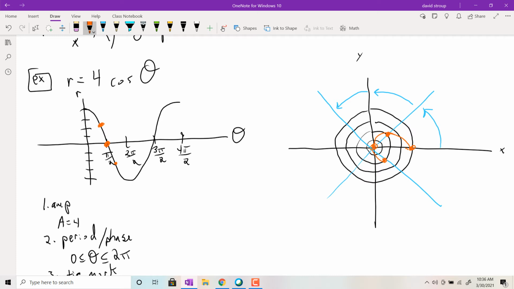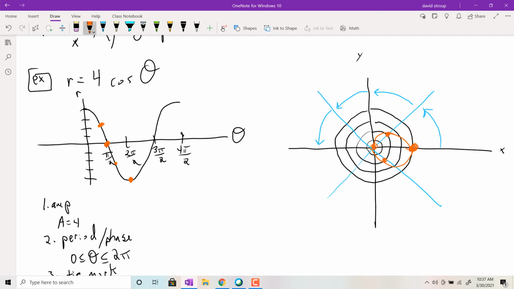Okay, so it's rotating on the negative side of this arm. And then from 3 pi over 4 to 4 pi over 4, which is, of course, pi, it's going from negative 2 point something down to negative 4 right here. So it'll actually sort of draw out this thing, and it gets right back to where it started.